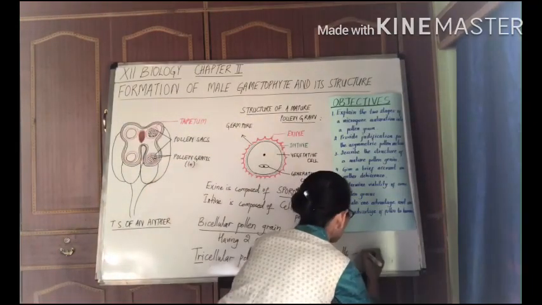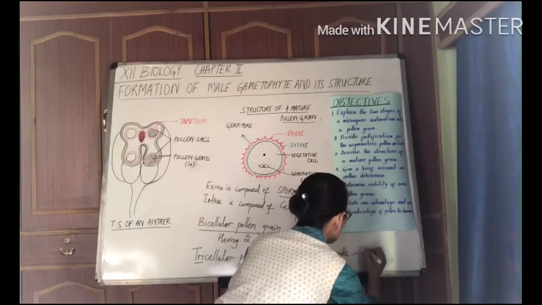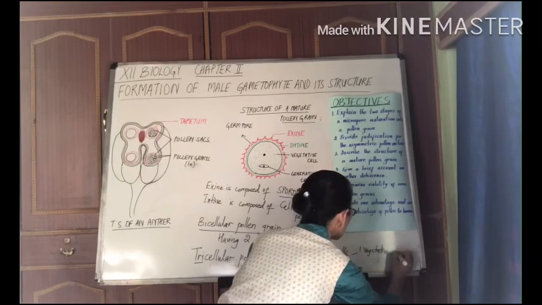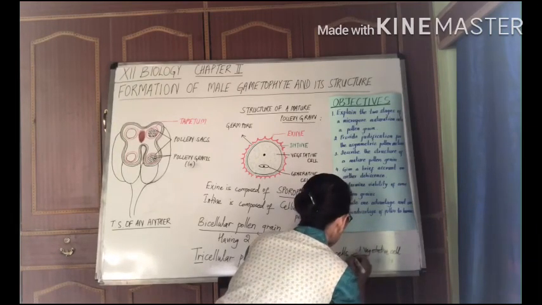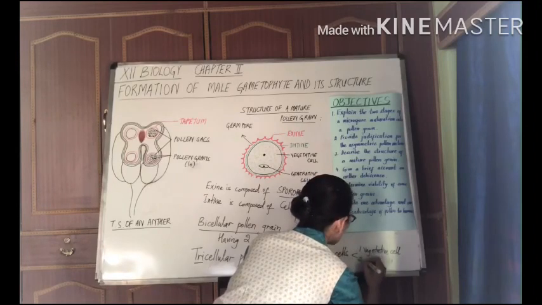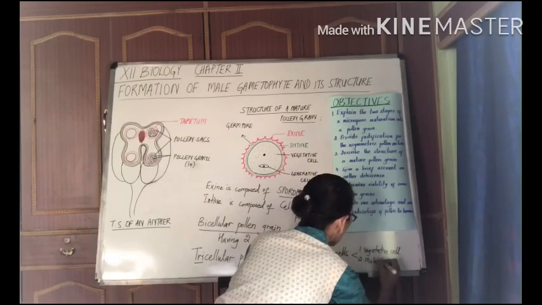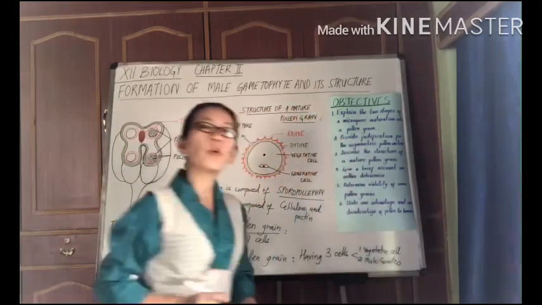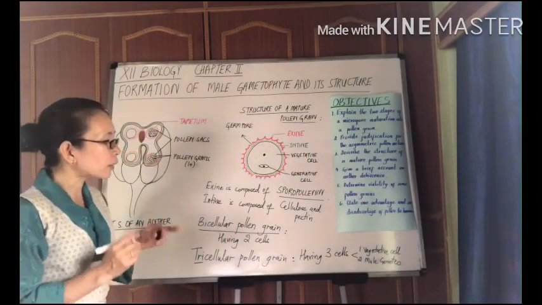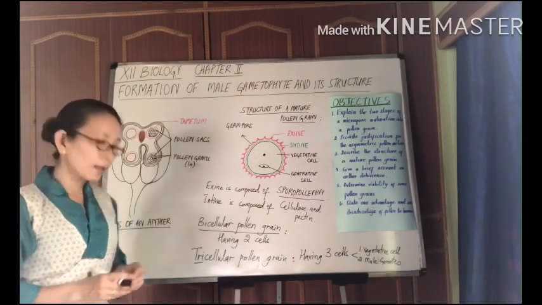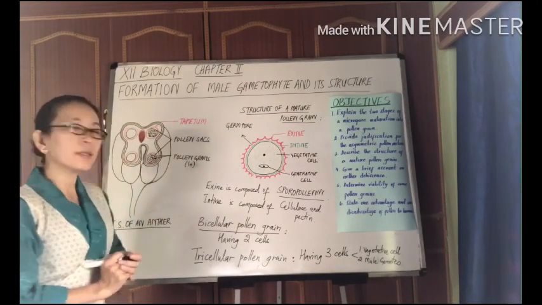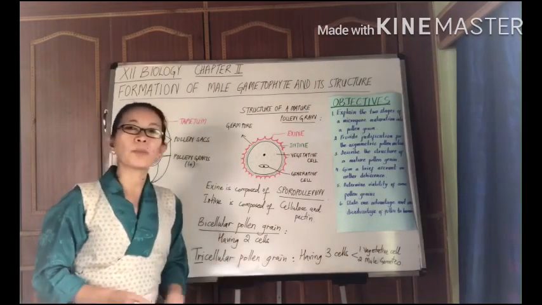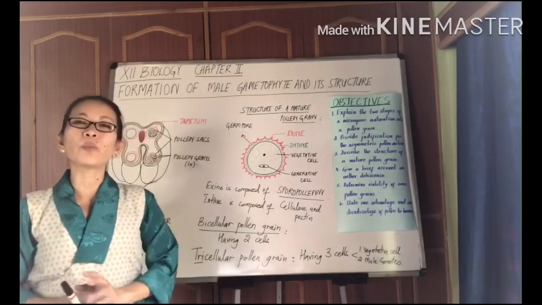We have 1 vegetative cell and 2 male gametes. If a pollen grain is released at this stage, the tricellular stage, it is considered to be the 3-cell stage of the pollen grain.